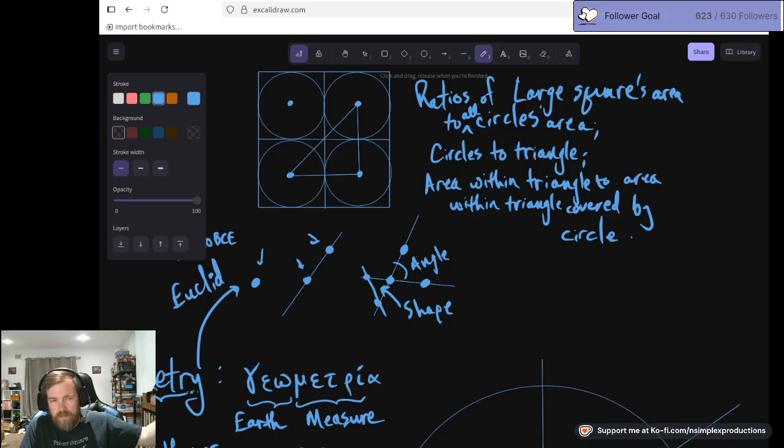Makes sense. This is, again, planar geometry. 2, to produce a finite straight line continuously in a straight line. So if I already have a line, then we can continue it as long as we want in either direction. 3, to describe a circle with any center and distance.